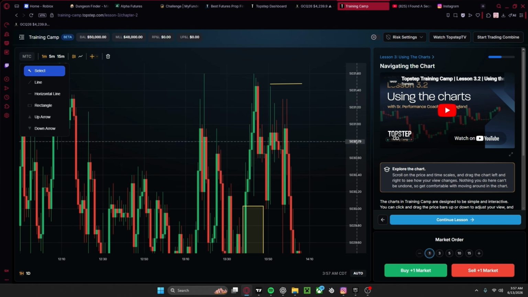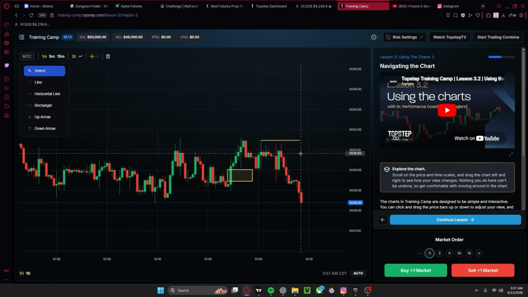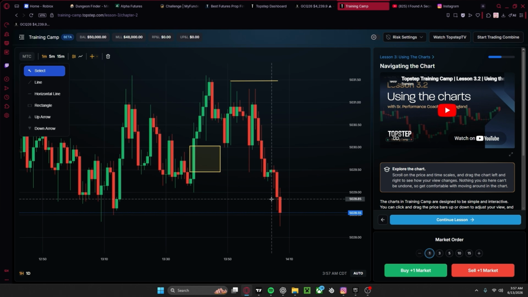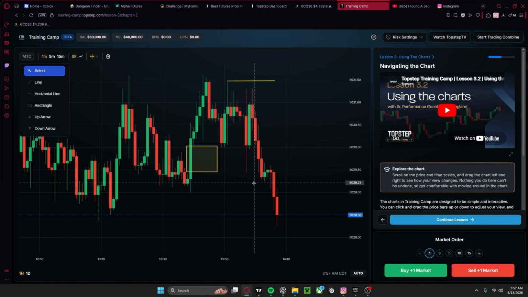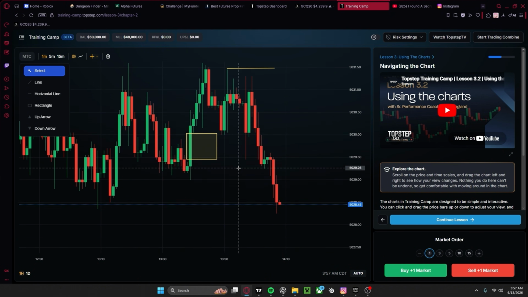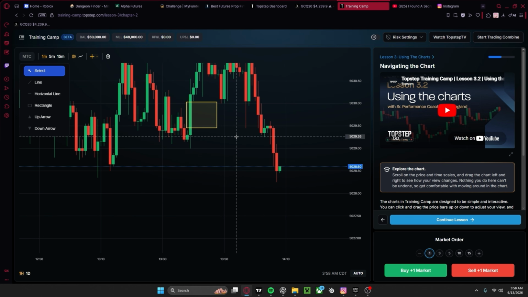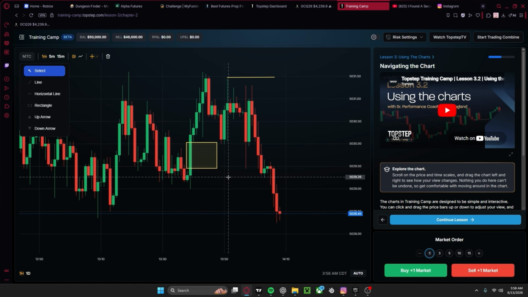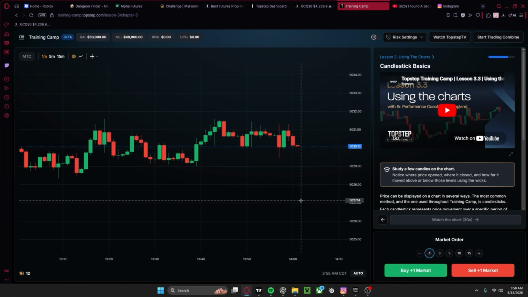Actually, it's not invalid because as you can see, it's on the downtrend. So we did miss that, and it's still on a downtrend. So we missed the fair value gap, basically. Okay, let's go to the next session.